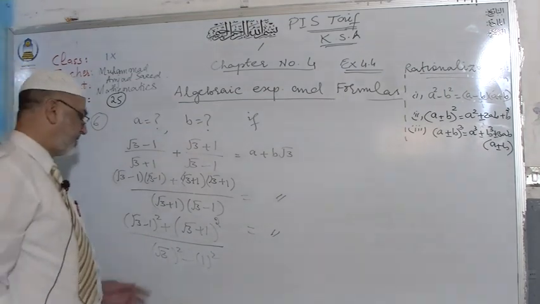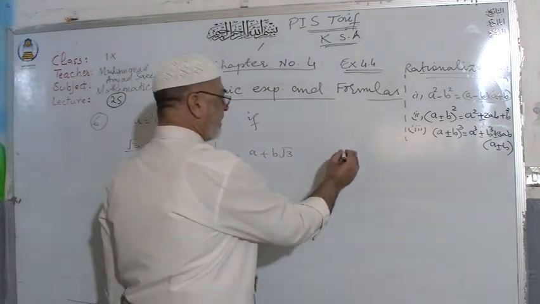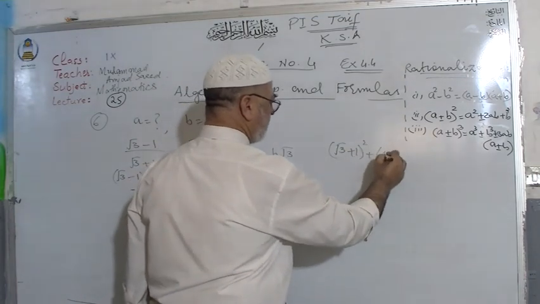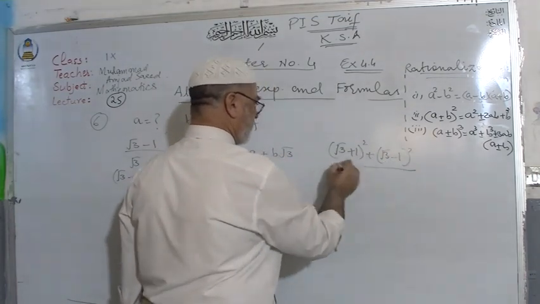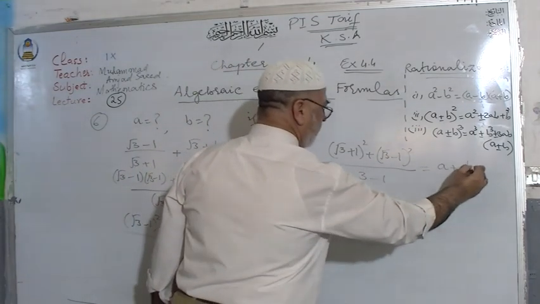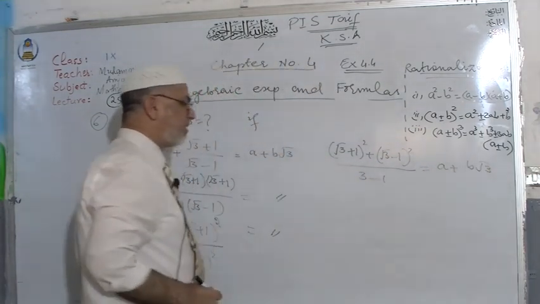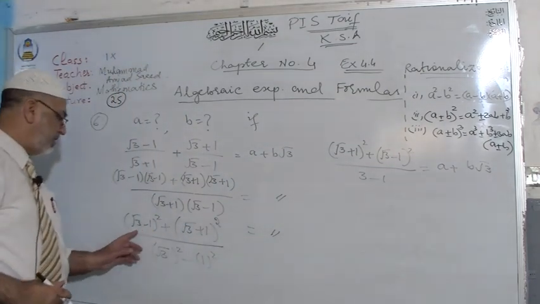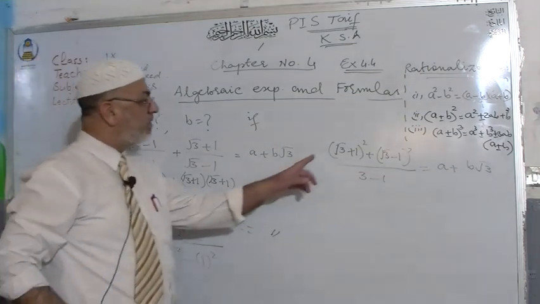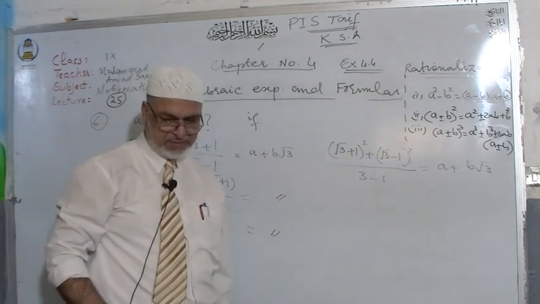After that, on left hand side you can write down root 3 plus 1 whole square plus root 3 minus 1 whole square over 3 minus 1 is equal to a plus b into root 3. Remember that I have changed their position, no problem. You can change it. But this is a formula.